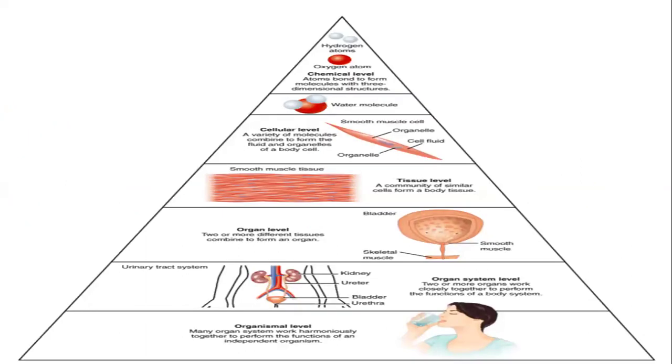So if we go by hierarchy, we are going to have a pyramid such as this one, where some atoms will come together, atoms and water molecules at the top of the pyramid, and a variety of these molecules will combine to form fluid and organelles that are contained in a cell body.